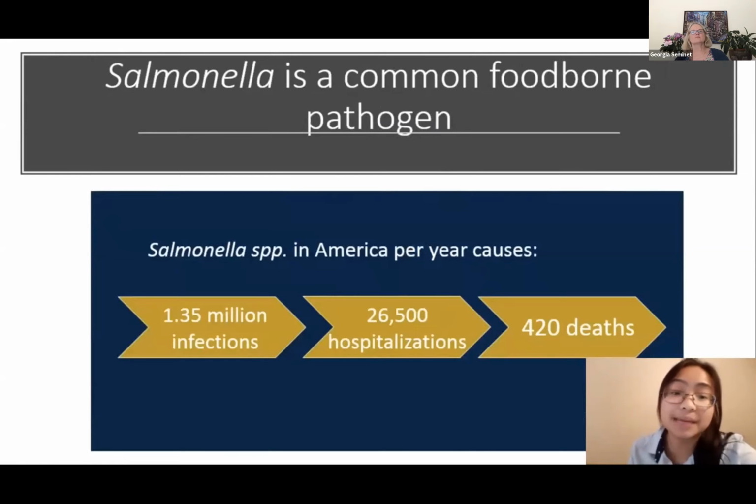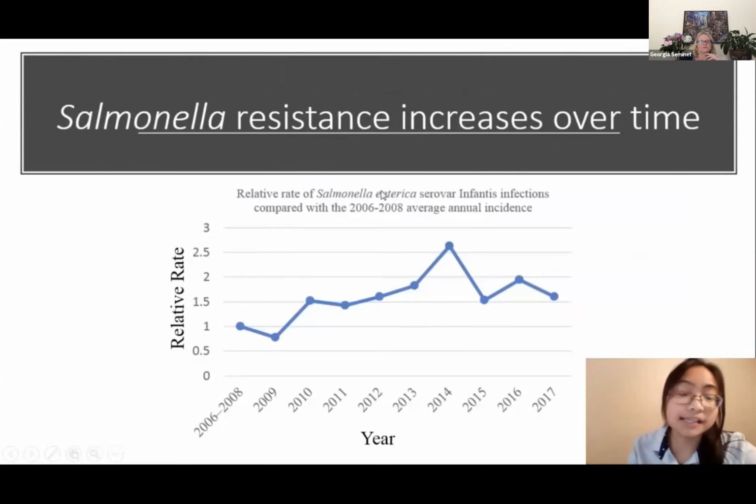I wanted to examine Salmonella strains since these are some of the most common foodborne pathogens. According to the CDC, Salmonella strains cause 1.35 million infections that lead to over 26,000 hospitalizations and 420 deaths per year in America. Salmonellosis is common and affects people of all ages, but the concerning thing is that infection rates are increasing.